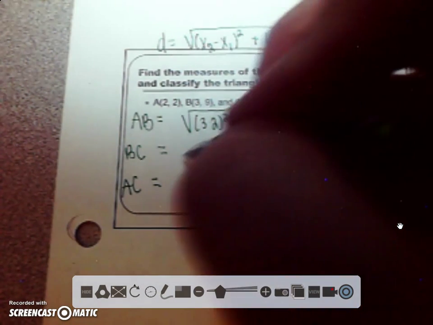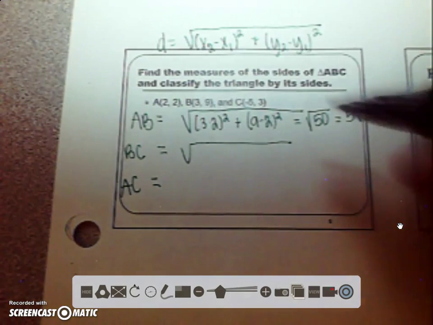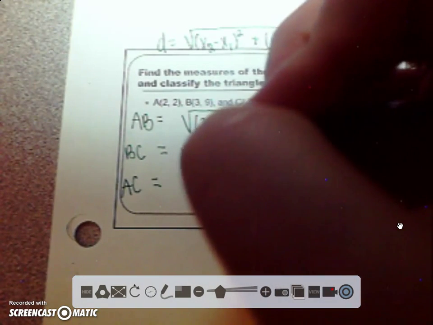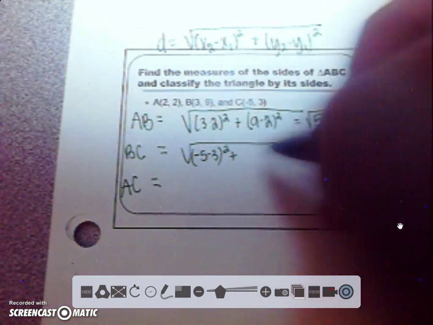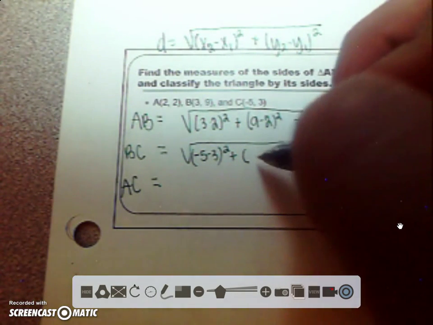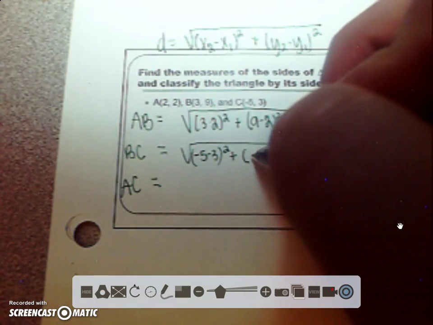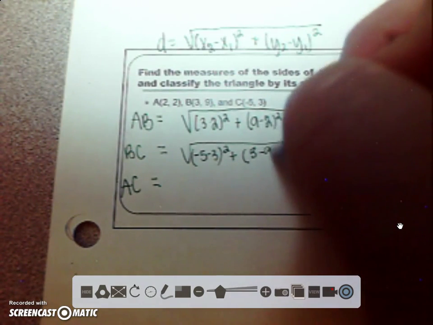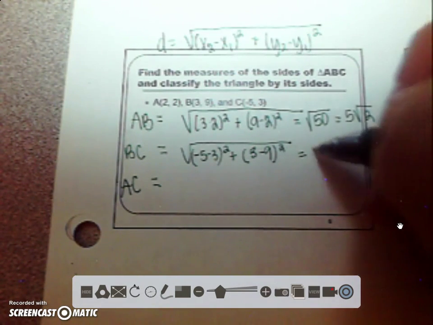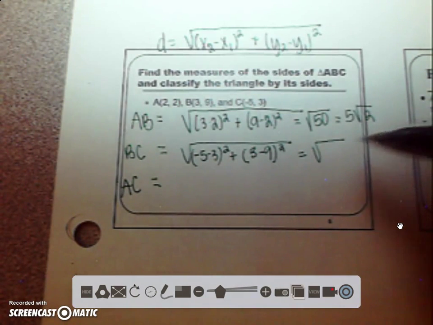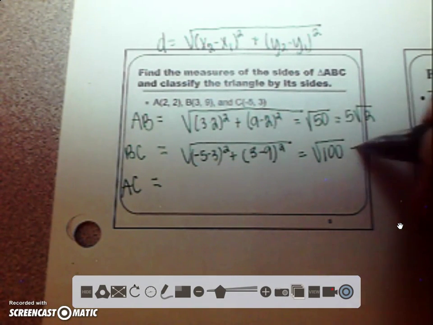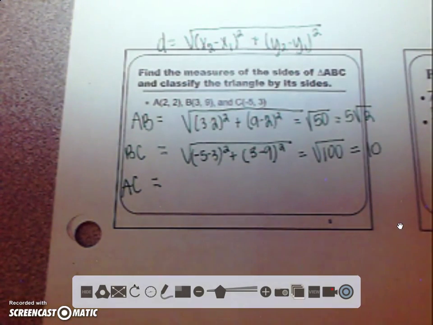Then for BC, if we plug our coordinates in, we have negative 5 minus 3 and then 3 minus 9. That becomes the square root of 100, which we all know is 10. So we can go ahead and reduce that.